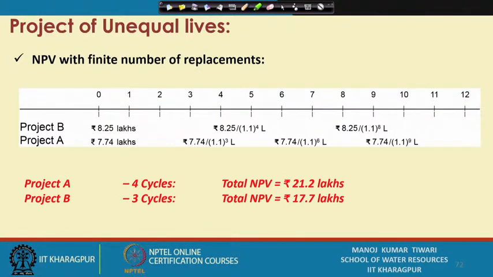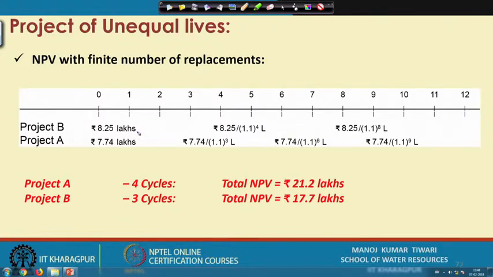Now, this is for the same data. If you see, for the first cycle of the project, how we discounted all these things in a different approach and eventually arrived at the net present value for the two projects, you can do that analysis in this way as well.